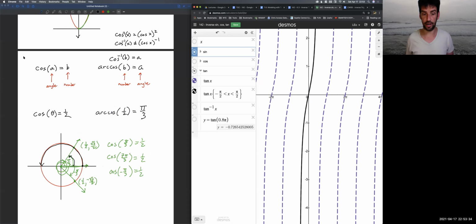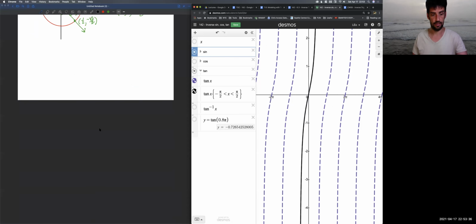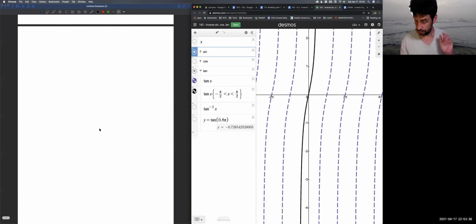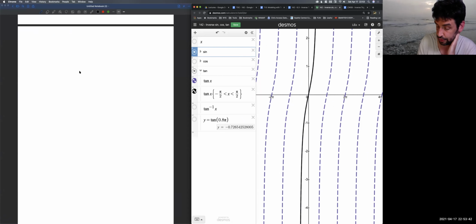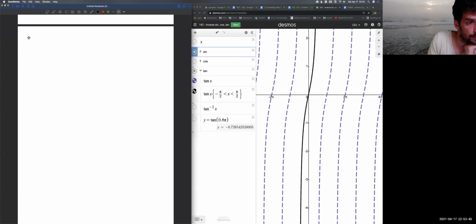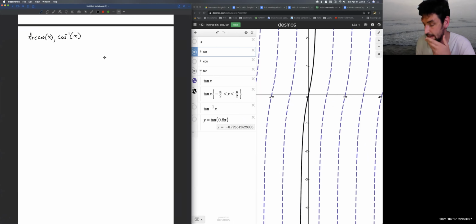So let me summarize all that. We have three inverse functions. Arc cosine of x, also written cosine inverse of x.